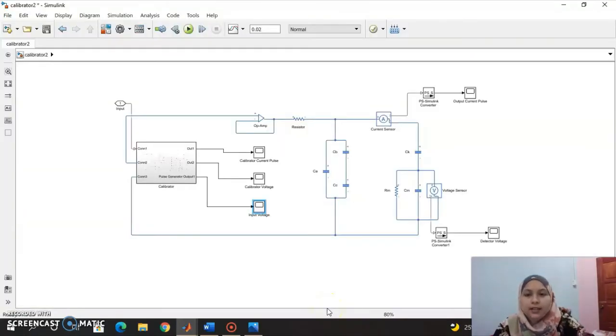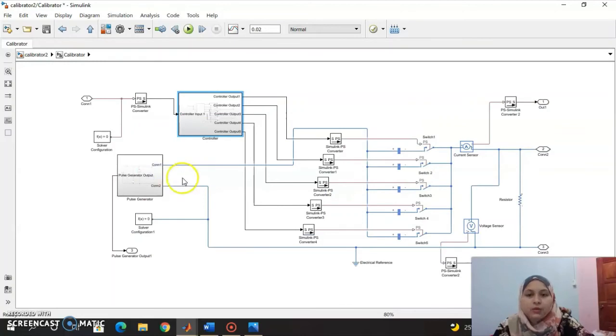And this is the calibration circuit of the partial discharge measurement. It consists of the calibrator circuit and also the test object. The calibrator circuit is connected across the test object. This is the detector circuit and this is the measuring instrument. In the calibrator circuit there is another subsystem, which has a pulse generator and controller, which play an important role in obtaining the output result.